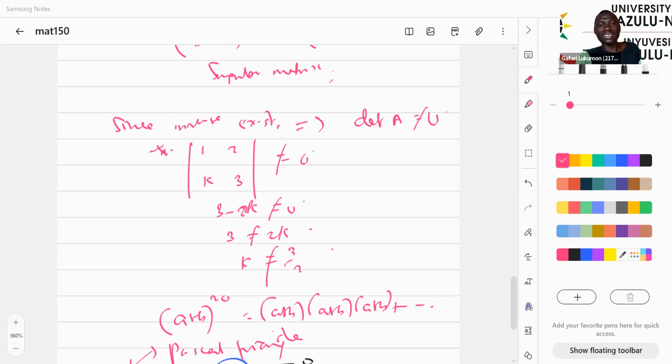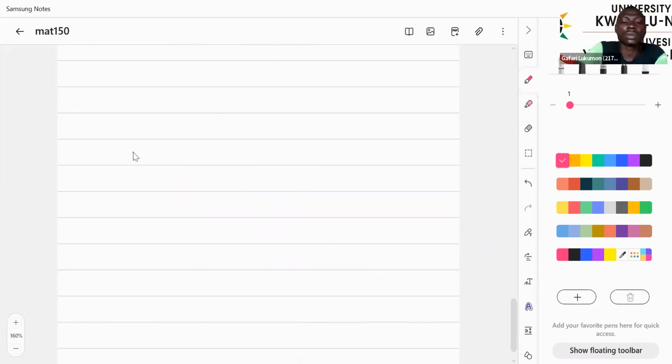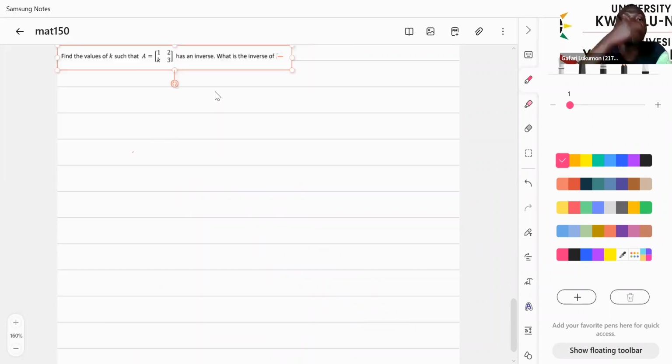That is strange. Find the values of k such that the matrix 1, 2, k, 3 has an inverse. Anybody? Let me quickly see something, because I know we must not stop there.